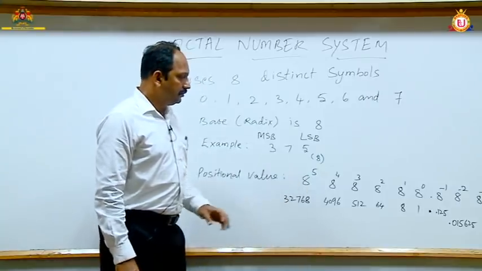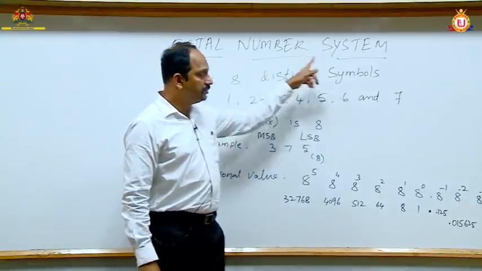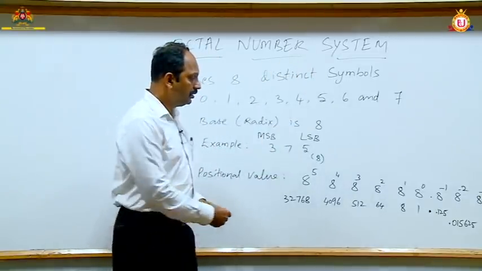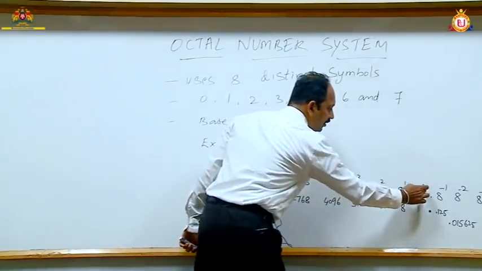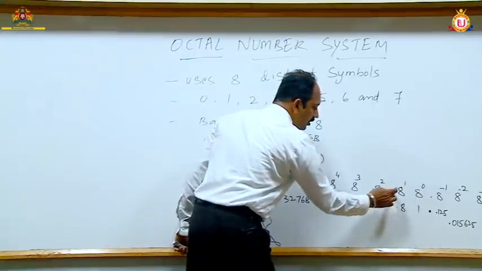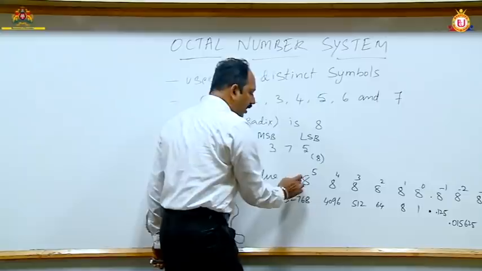Here I have given the positional value in the form of octal number system. The positional value in the integral part begins from 8 to the power of 0, 8 to the power of 1, 8 to the power of 2, 8 to the power of 3, 8 to the power of 4, 8 to the power of 5 and so on.